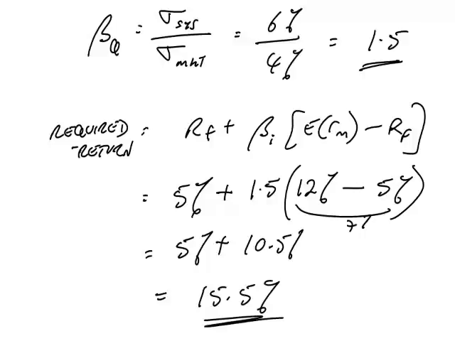Well, if we're 1.5 times as risky, we need 1.5 times that premium. If we were only half as risky as the market, we'd only need half the premium. You with me? The difference here, 12 is the return from the market, 5 is the risk-free. The difference is called the market premium.